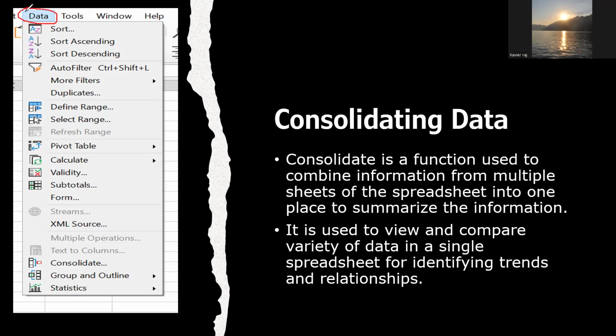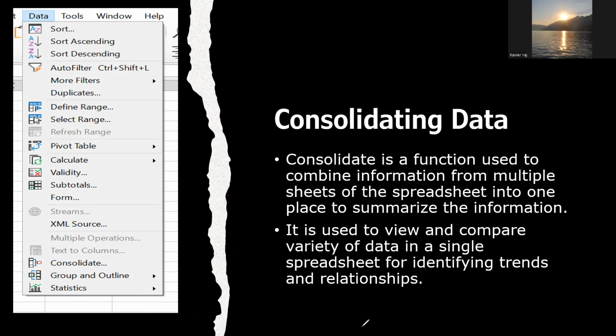If you click this menu, under the drop down of that Data menu, you can see an option called Consolidate. When you click Consolidate, you will get one dialog box. Using that dialog box, we will do the consolidation. That only we are going to see now.